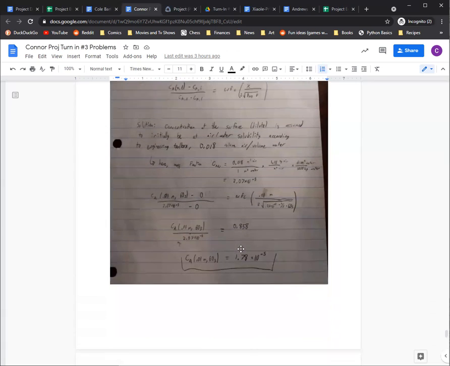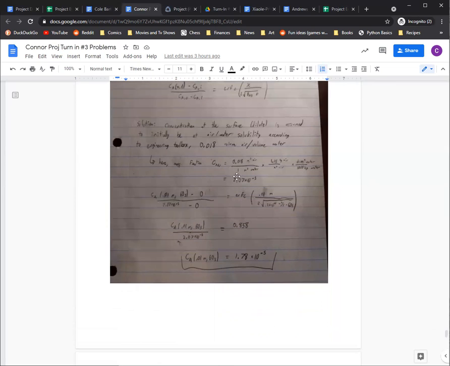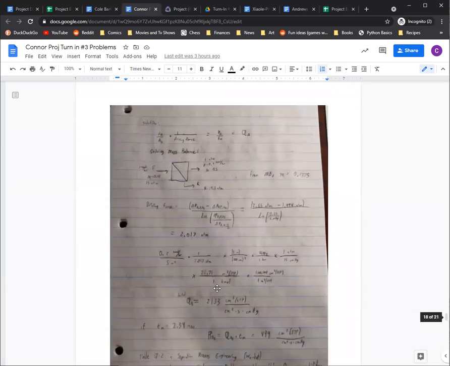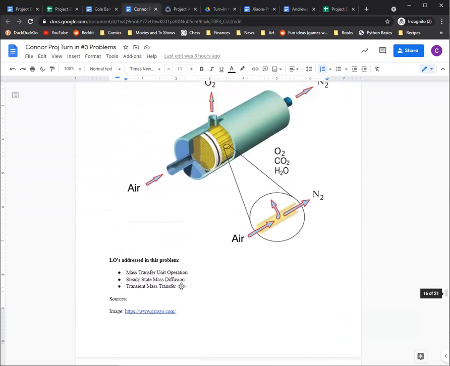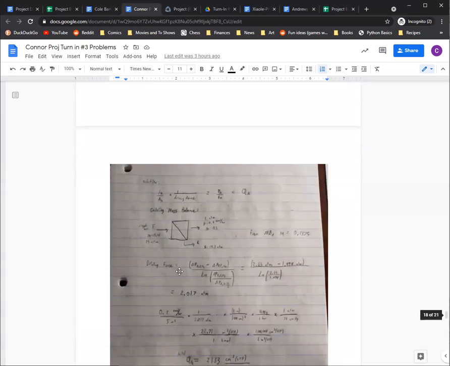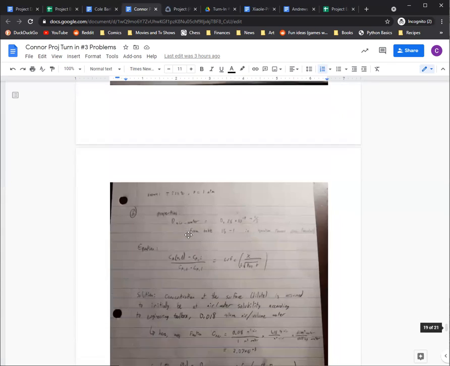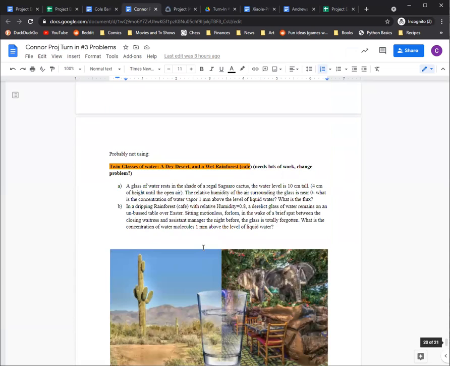It's just air diffusing into the water. So you just use this error function equation and calculate that the concentration 1 centimeter under the water after a minute is actually pretty close to the concentration on the surface. It diffuses pretty quickly.